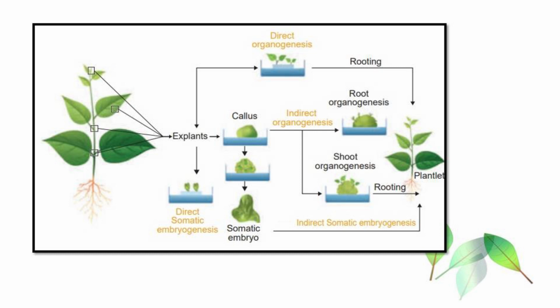This type of regeneration is known as indirect regeneration. That is, from the explant, first callus is generated, and from the callus, shoots or roots are raised. That is called indirect regeneration.